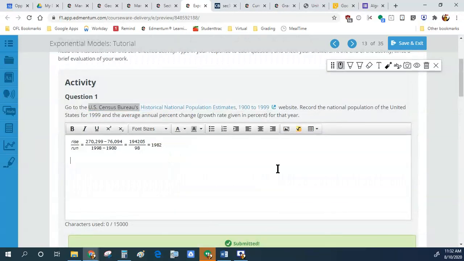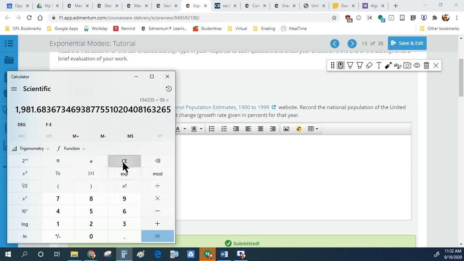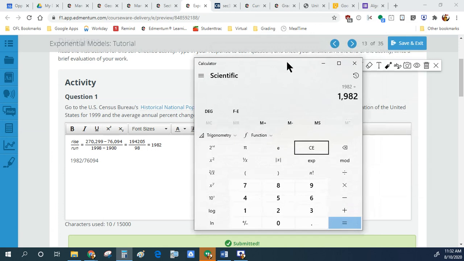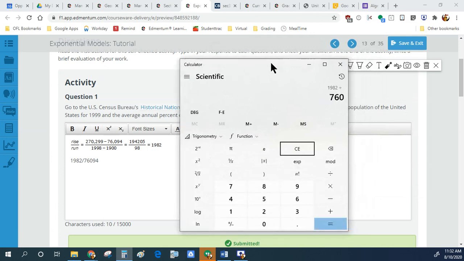So we're going to take this number, because they want us to find the actual percentage, this 1982, and divide it by the initial population, which was 76094. That was my bad, guys, for not reading the question all the way through. Remember to read your questions on the test.